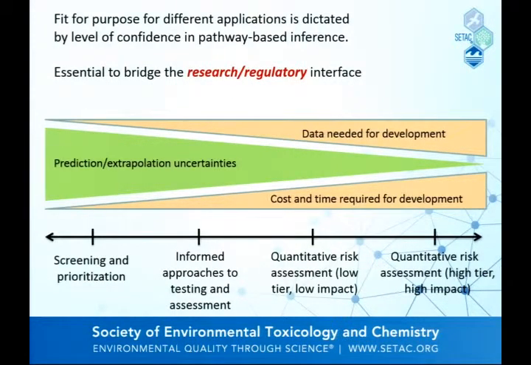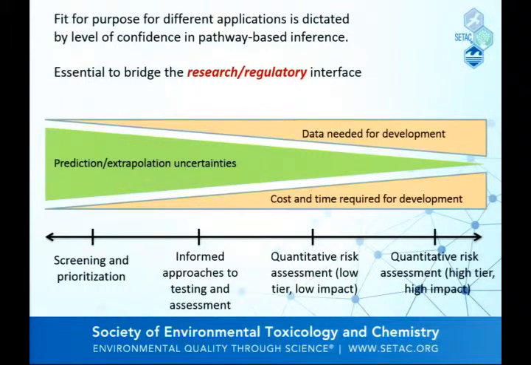So first of all, why do we care about doing the weight of evidence evaluation and making these calls? Because basically, fit for purpose for different regulatory applications is going to be based on the level of confidence that we have in the AOP. So as we mentioned earlier, there's lots of different potential regulatory applications, risk assessment type applications.